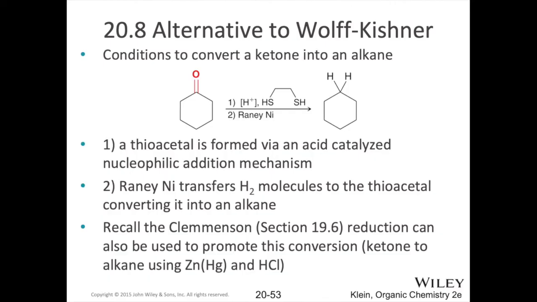By the way, another reaction we've already seen. So back with acyl groups, right? Remember, an acyl group is kind of like a ketone. We saw with a Friedel-Crafts acylation, we can add an acyl group to our benzene ring. Remember the Clemmensen reduction, where we could then reduce that using amalgamated zinc and hydrochloric acid down into an alkyl group.